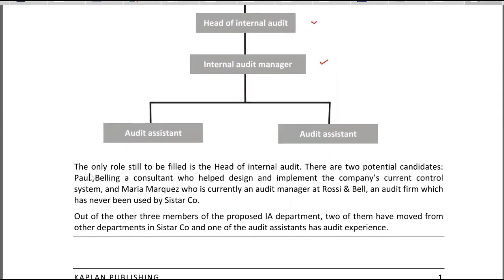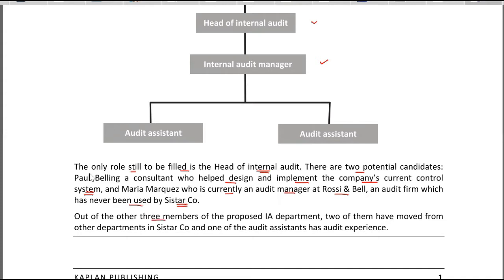The only role still to be filled is the head of internal audit, that means the chief internal auditor. There are 2 potential candidates: Paul Balling, a consultant who helped design and implement the company's current control system, and Maria, who is currently an audit manager at Rossi and Bell, an audit firm which has never been used by the sister company.